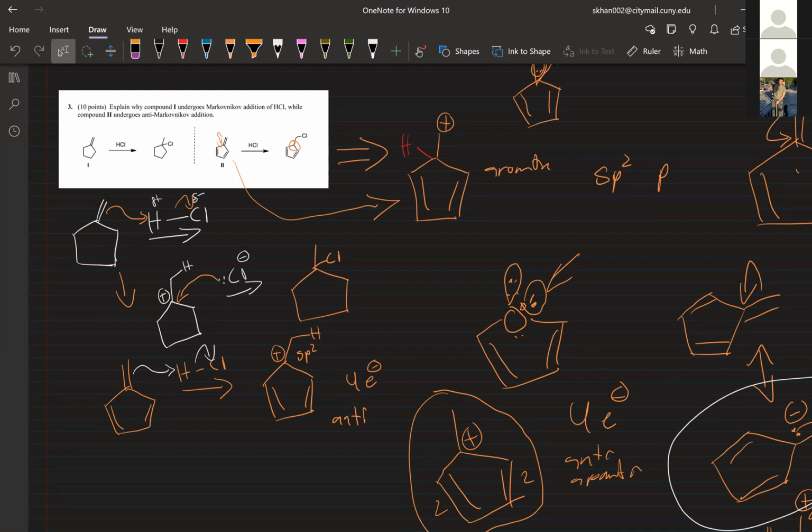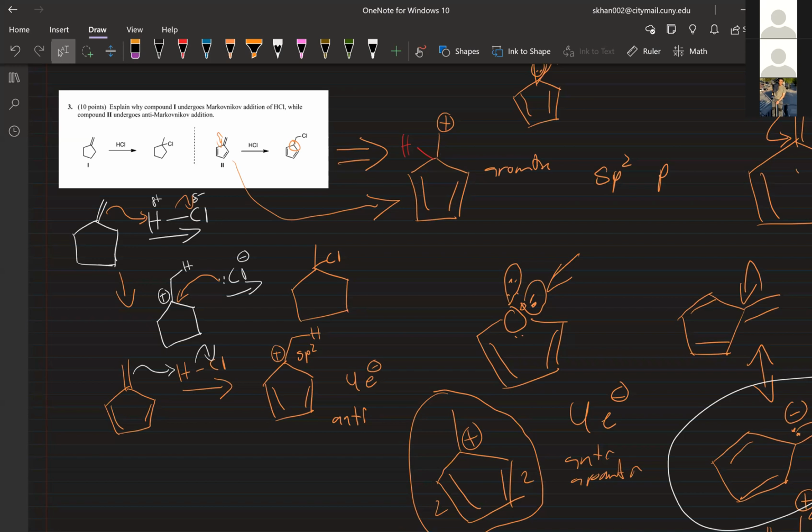As long as you can logically prove to him, if you want to write a paragraph, go for it, but if you can logically prove to him why it goes one way or the other, and the main substance is all electron flow, that's what he's really looking for in this question.